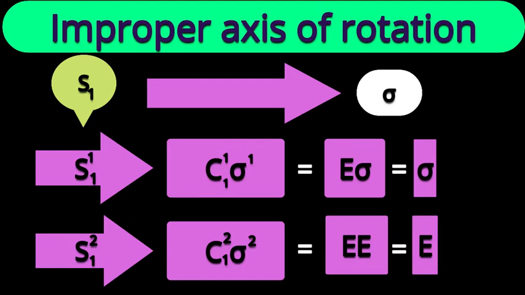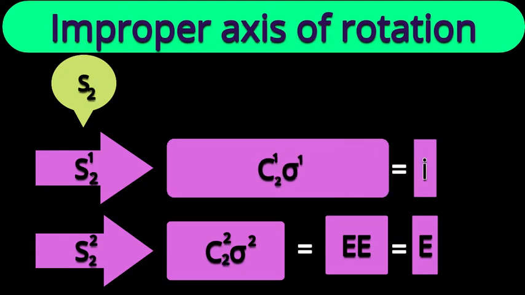Unique or not, I am not talking about that, just the possibility till we reach identity. Therefore, the S1 operation is called a plane of symmetry. If we have already considered the plane of symmetry, then S1 is not to be considered. Repetition is to be avoided.